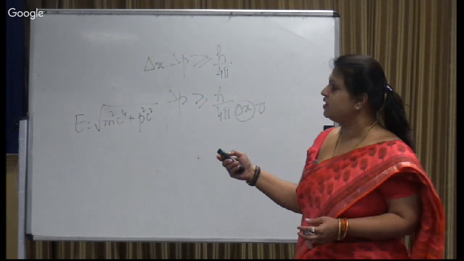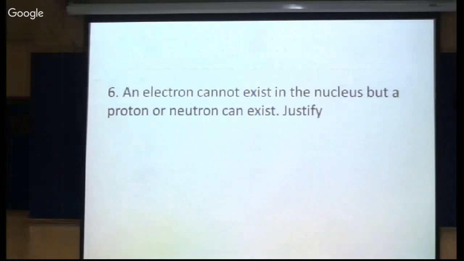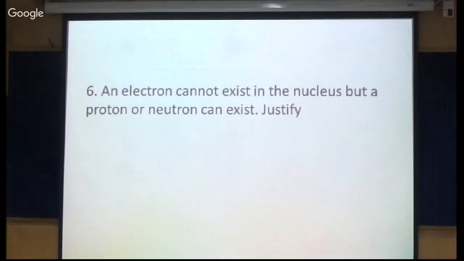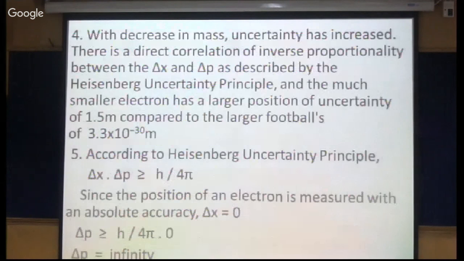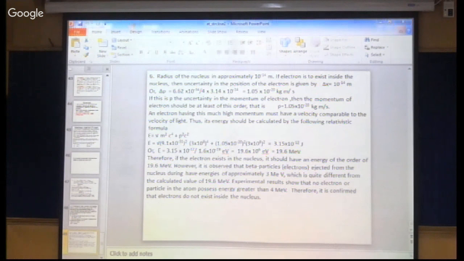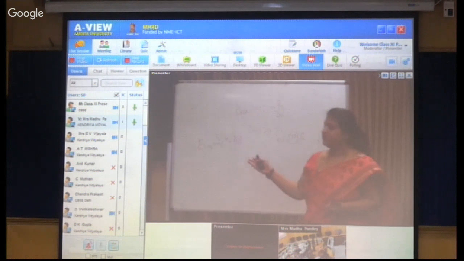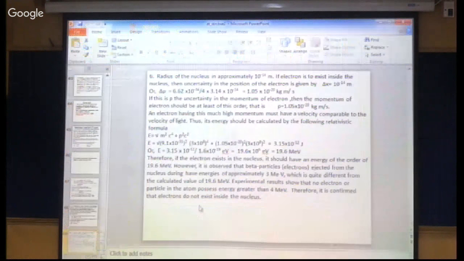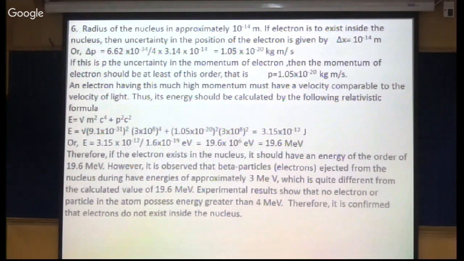Okay. The question was that an electron cannot exist in the nucleus, but a proton or a neutron can exist. You have to explain it. Now, as we all know, the radius of an atom is of the order of 10 to the power minus 10 meter, and that of a nucleus is of the order of 10 to the power minus 14 or 15 meter.